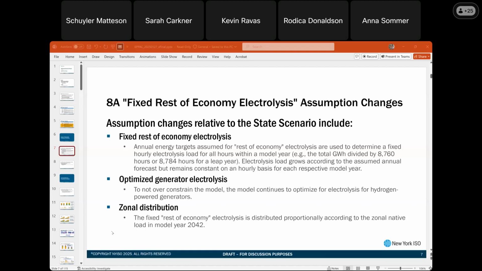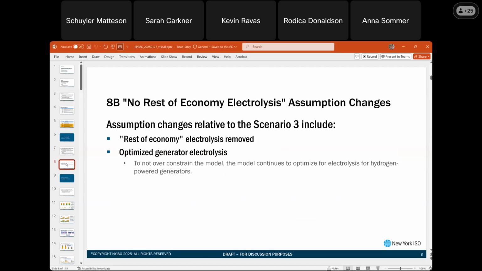And with that, I'm going to talk about the second part of sensitivity 8 that we did. It's a little different in that this part B case is based on scenario 3, the high transmission impact scenario. In this case, we took out the rest of economy electrolysis to see what that would do, having that amount of demand removed from the system.